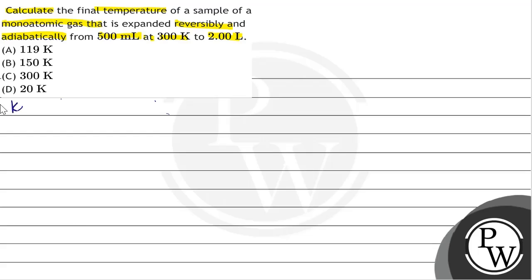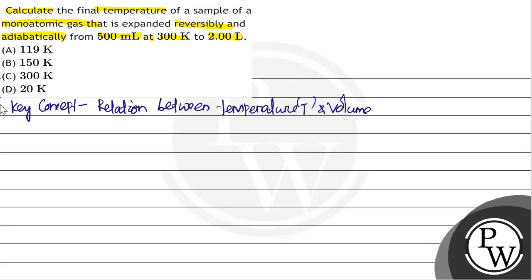So the key concept of this question says that the relation between temperature T and volume V for an adiabatic system.